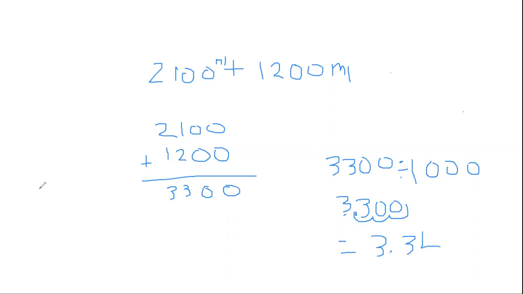There's also another way of changing these two. I would change the 2,100 and first convert it into liters, divided by 1,000. And working with the way we've worked, it would give me 2.1 liters.